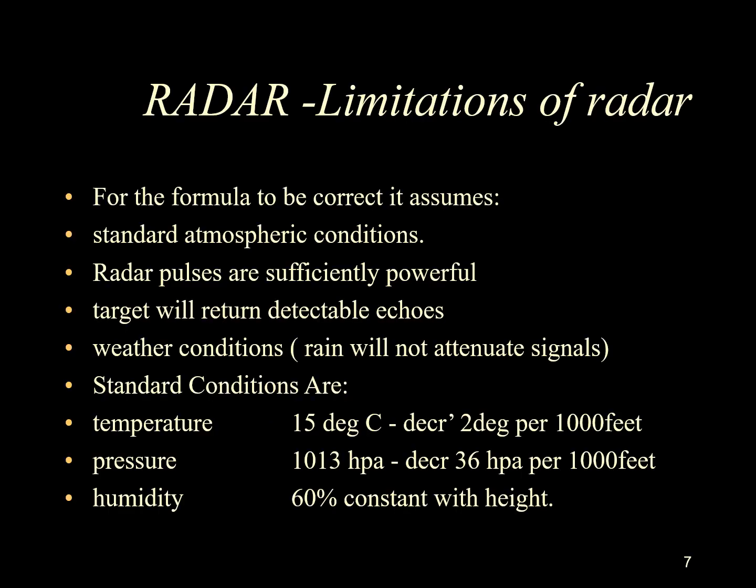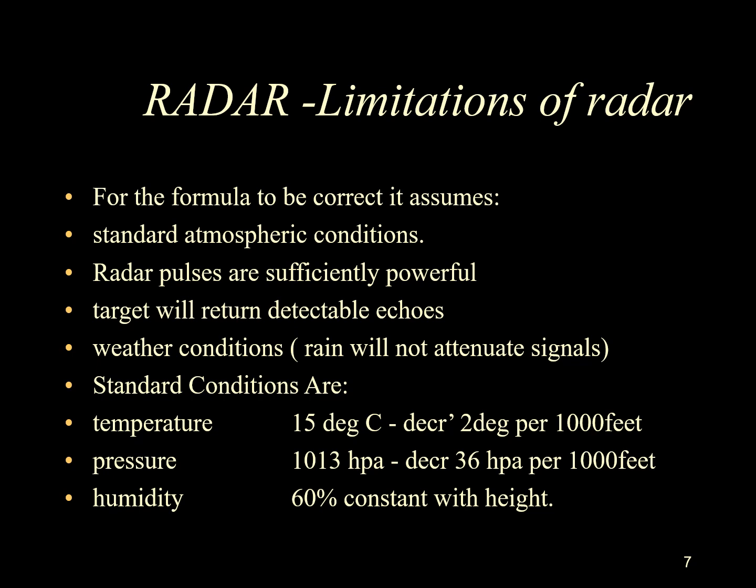The theoretical relationship for the formula to be correct assumes standard atmospheric conditions are prevailing, radar pulses are sufficiently powerful, target will return detectable echoes, and weather conditions such as rain will not attenuate the signals. Standard conditions can be defined as a temperature at altitude of 15 degrees Celsius, which is decreasing 2 degrees Celsius every 1000 feet of altitude.